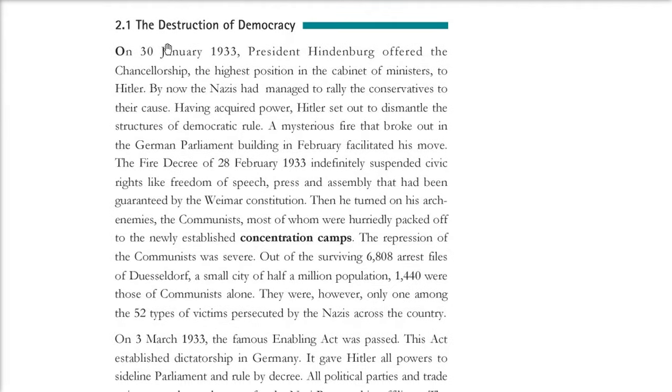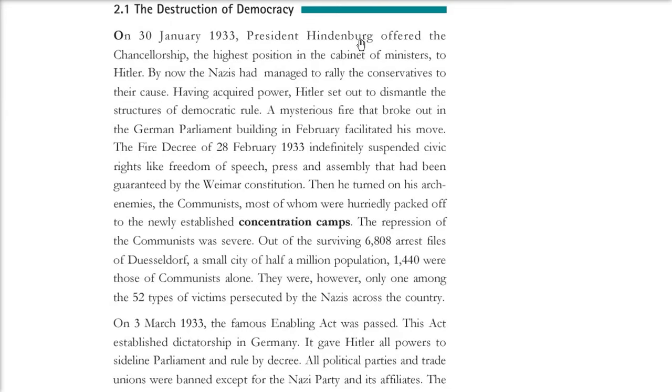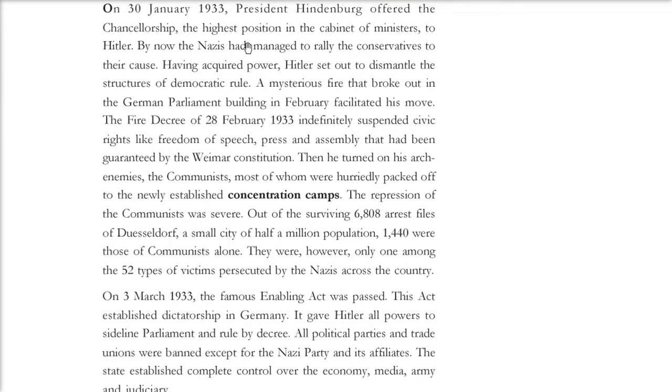So how did this destruction of democracy take place? On 30 January 1933, President Hindenburg offered the chancellorship to Hitler, the highest position in the cabinet of ministers. And by now the Nazis had managed to rally the conservatives also.